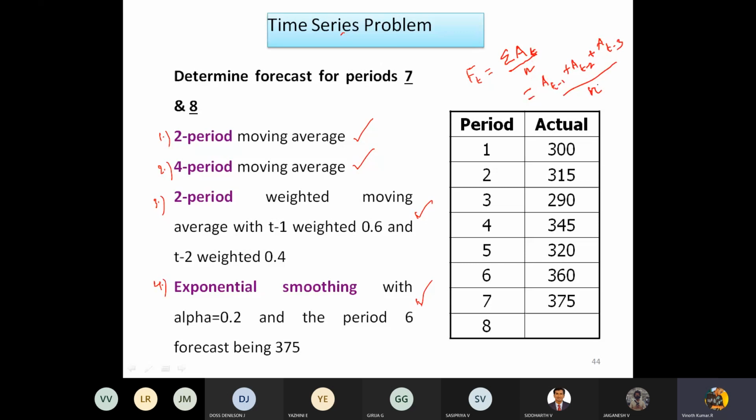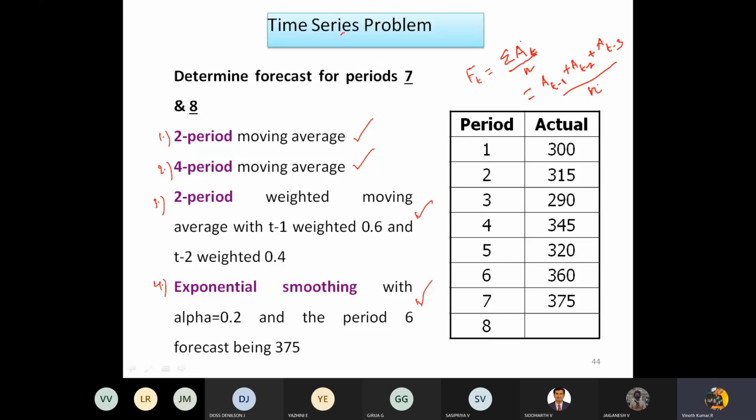And A suffix t minus 1. What does t minus 1 mean? Why do we write t minus 1, t minus 2, t minus 3? What value are we going to substitute in place of t? What does t denote? What does it define?